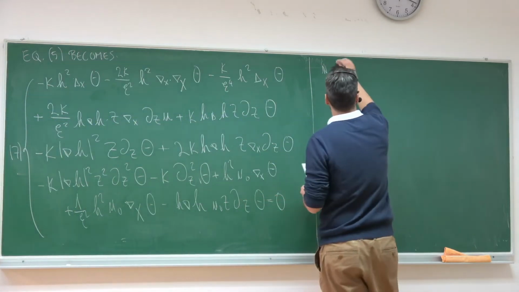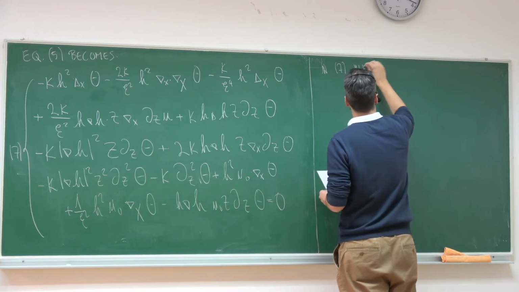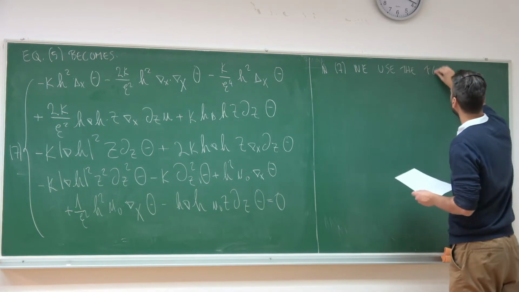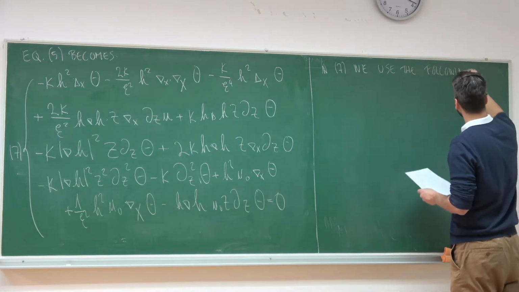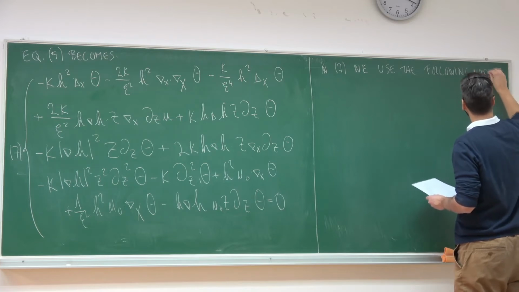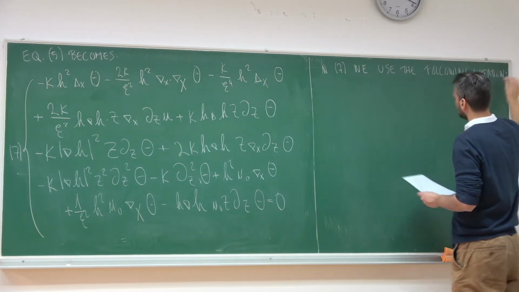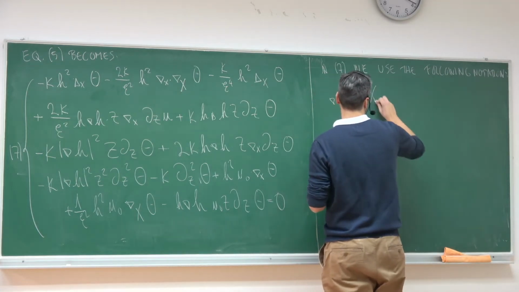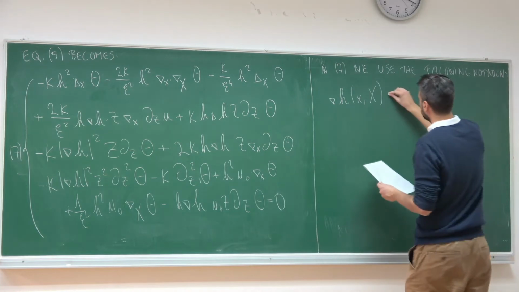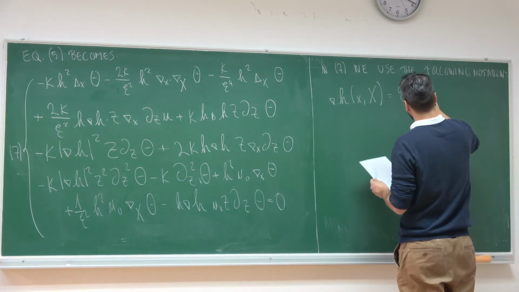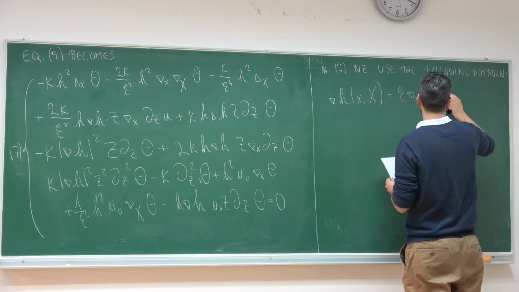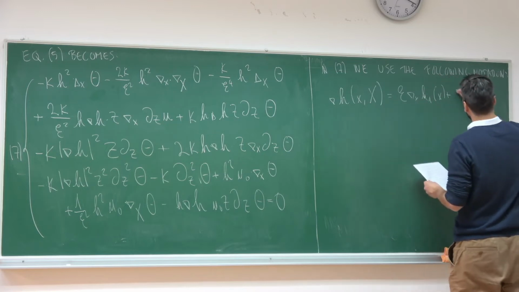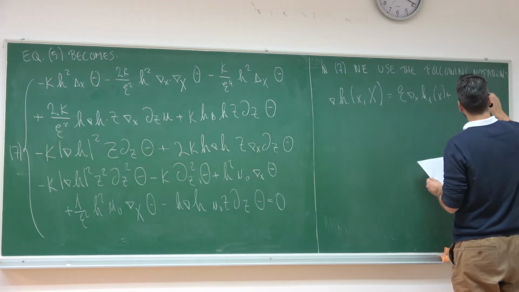So in 7, we use the following notation: gradient of h depending on x and big X is epsilon gradient x h1 of x plus gradient of big X h2 of x.